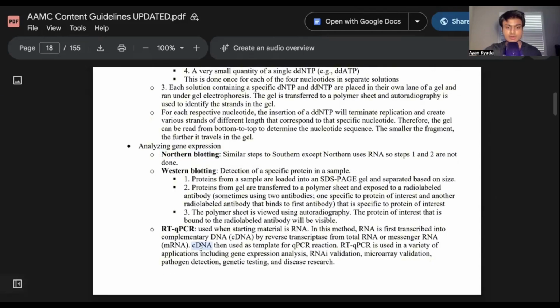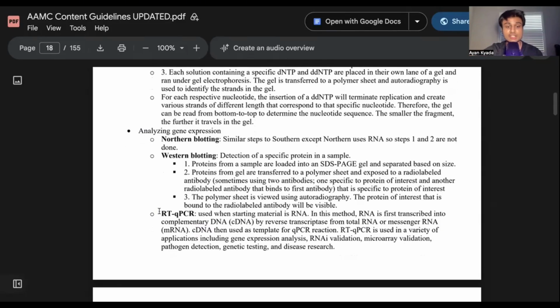And then RT-qPCR operates on a very similar principle. You can recall we already talked extensively about PCR, which essentially just amplifies the original DNA sample. So through the process of denaturing, annealing, and elongation, we get a lot of copies of DNA. And the only difference between RT-qPCR and regular PCR is that this form of PCR starts with an mRNA.